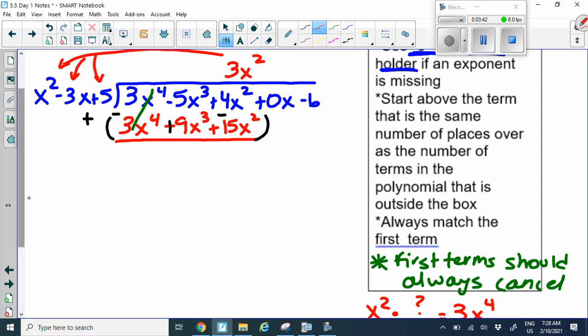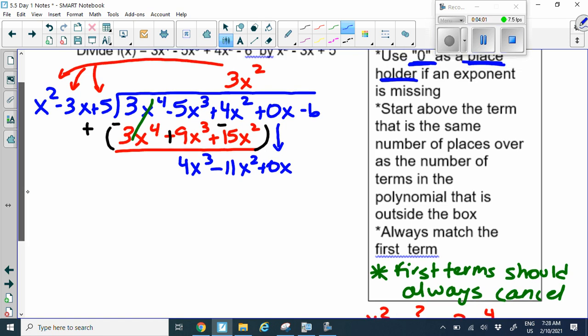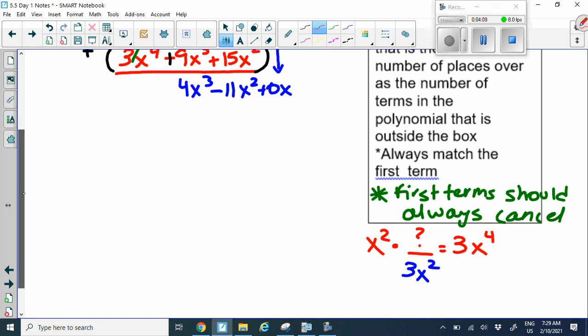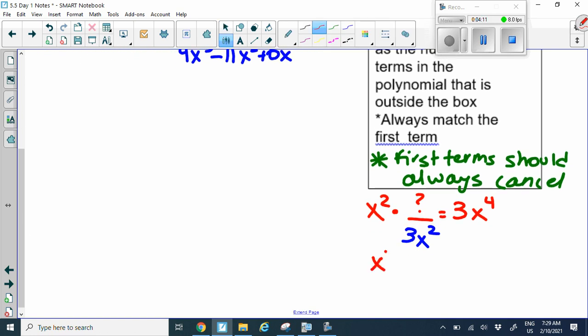Okay, now what I'm going to do is combine my like terms. So negative 5x cubed plus 9x cubed gives me 4x cubed. Then 4x squared minus 15x squared gives me negative 11x squared. And then I bring down the next term, the plus 0x. So now my new first term I'm trying to match is 4x cubed. So what I need to think of is x squared times what will give me that 4x cubed.